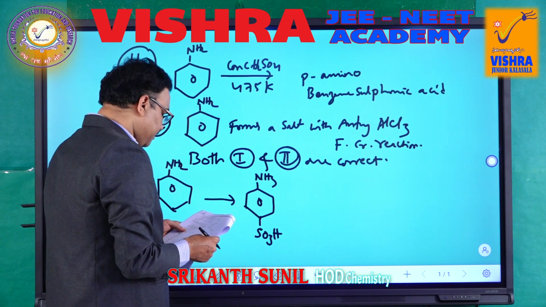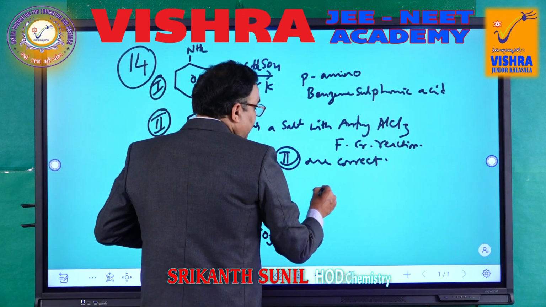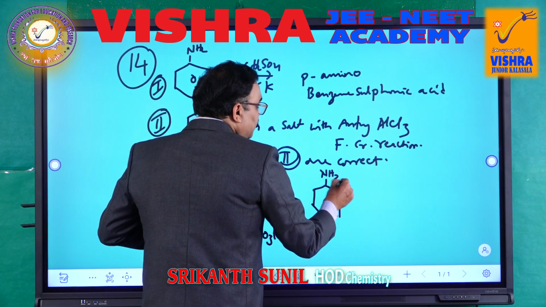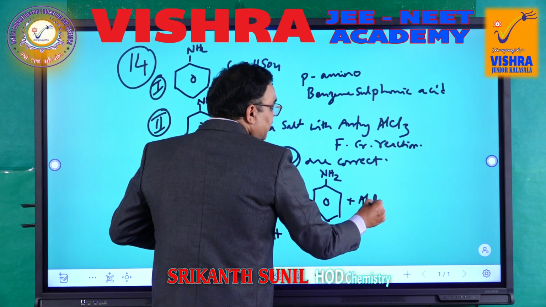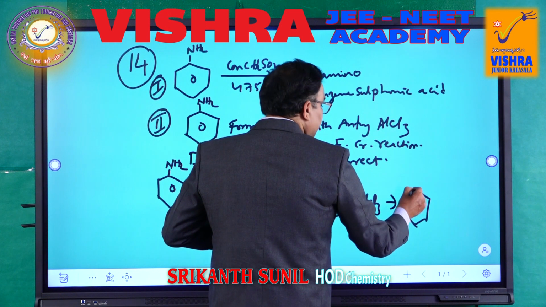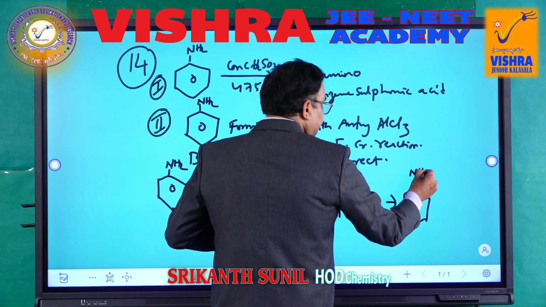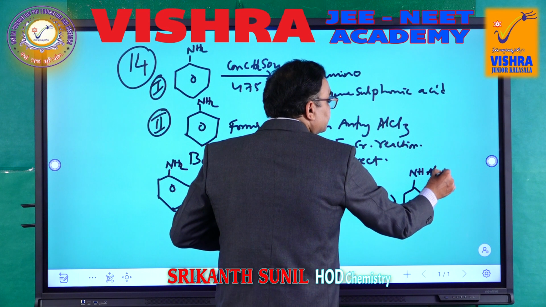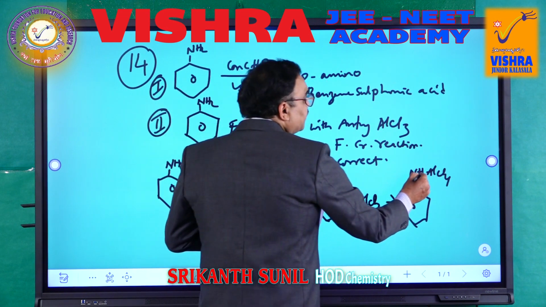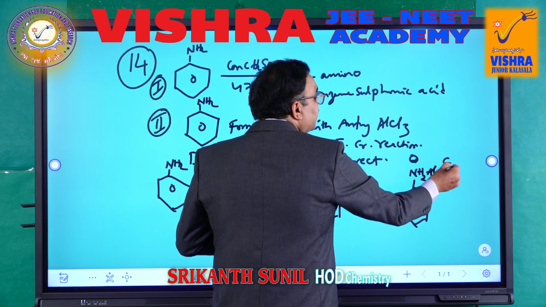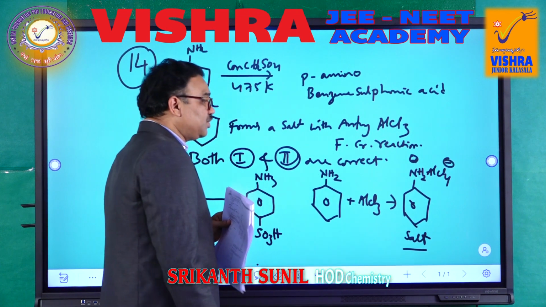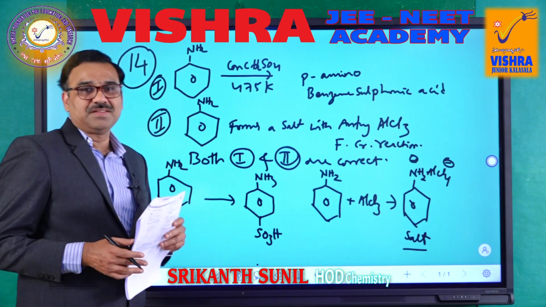Now let us see the compound. Yes, it gives a salt with anhydrous AlCl3. This one is NH2 plus AlCl3. It's going to give you a salt here, and this one is what we can write. This one is NH2 with a plus sign, and here we have a minus sign. This one is the salt. So statement 1 as well as statement 2, both are correct. All of you observe the answer.